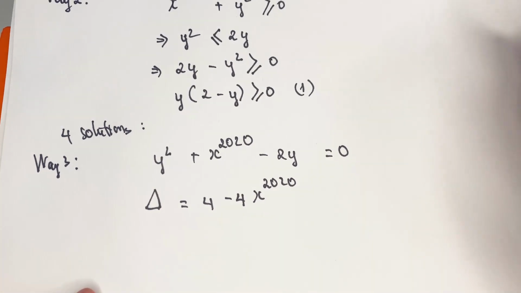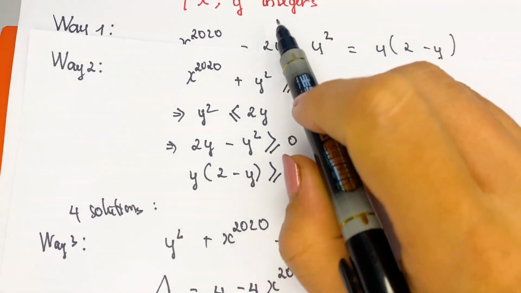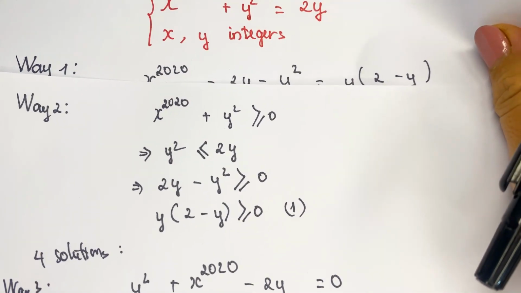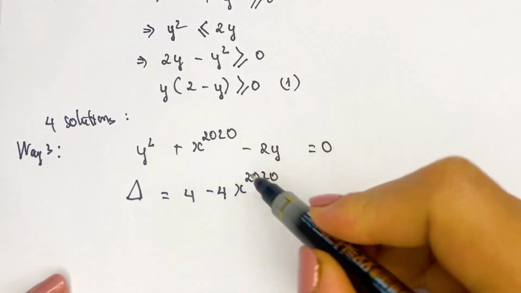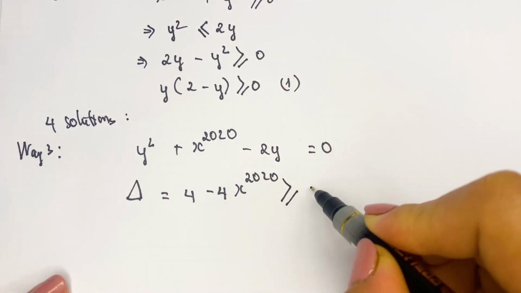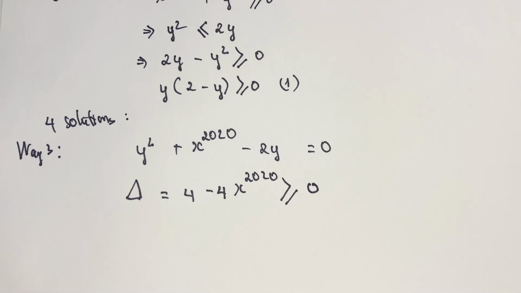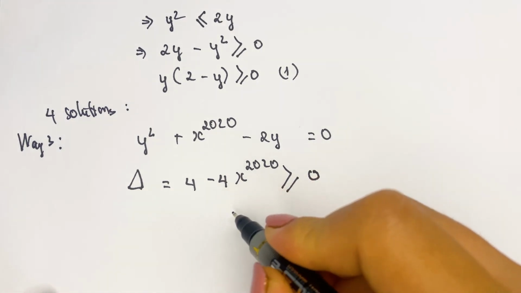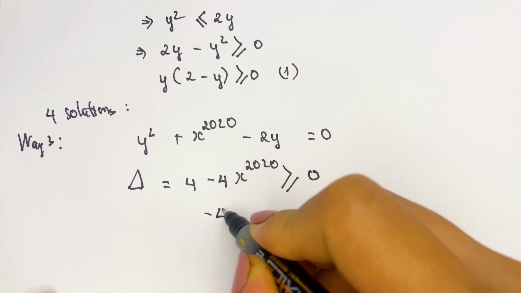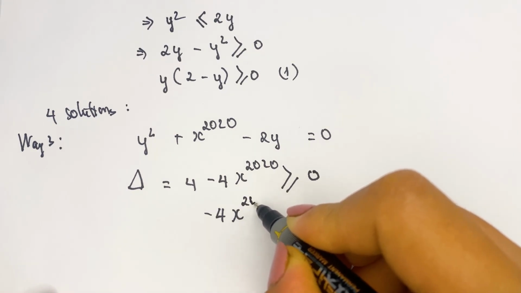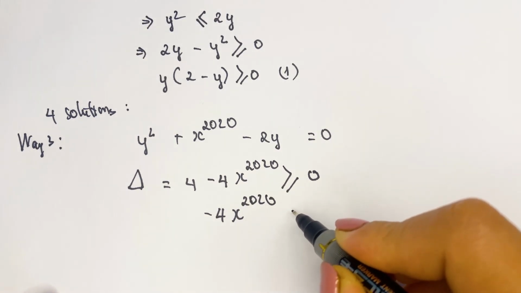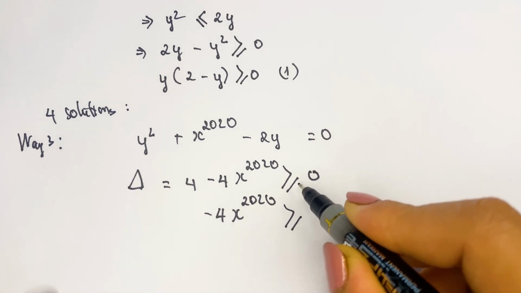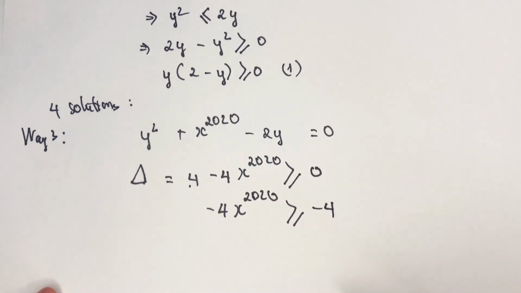Because you need to find real solutions, x and y integers, so the discriminant has to be greater than or equal to 0. So therefore we can say minus 4x^20 is greater than or equal to minus 4.